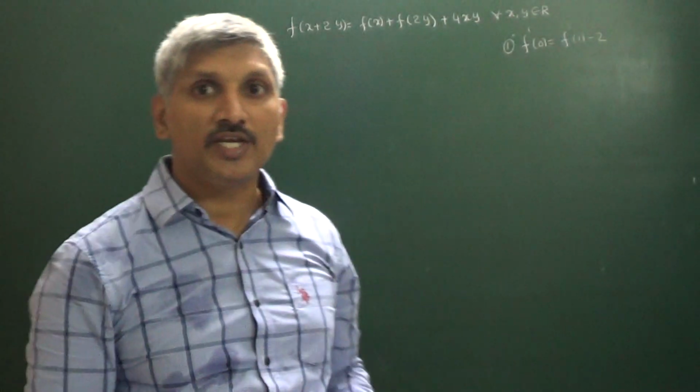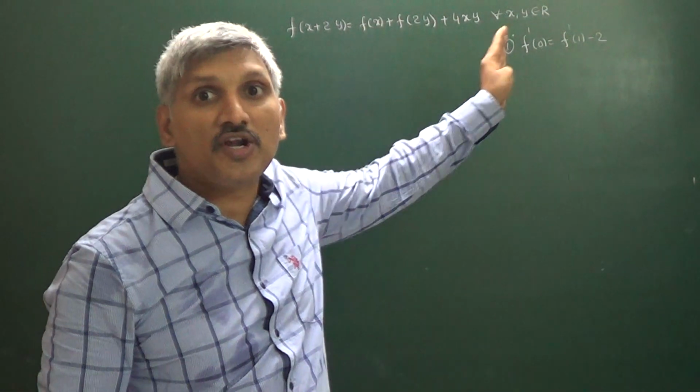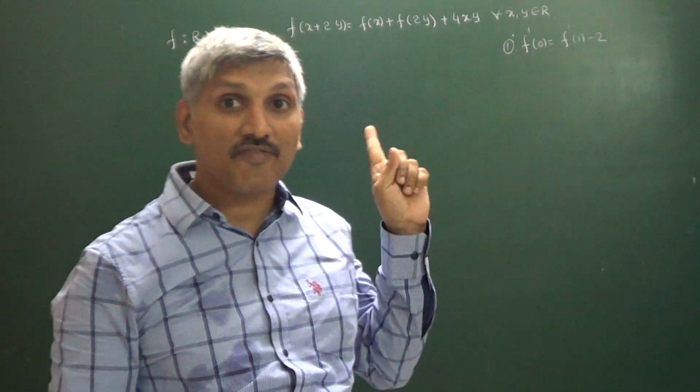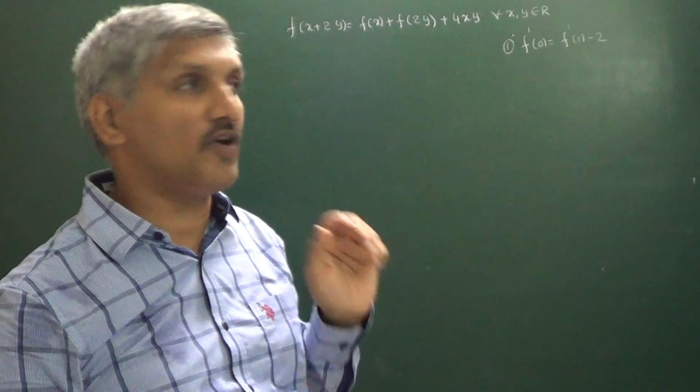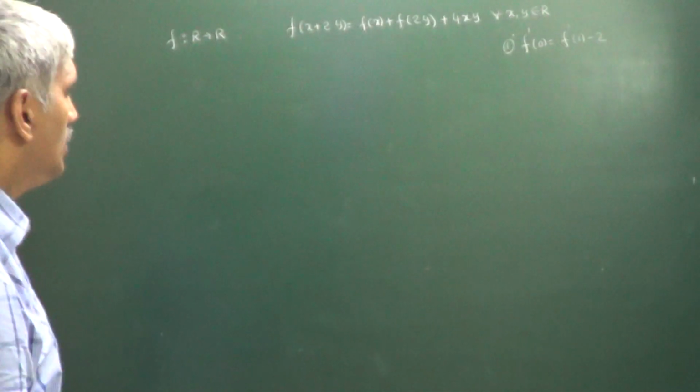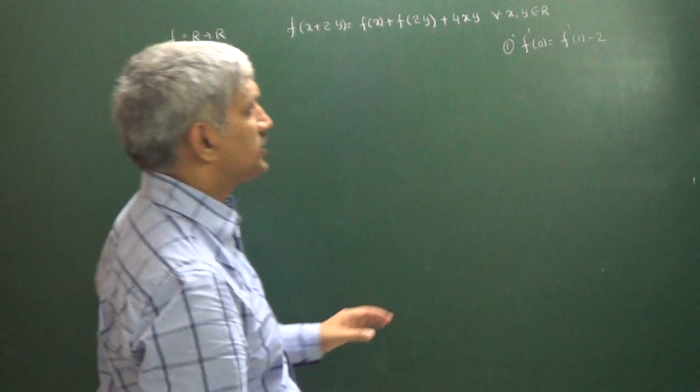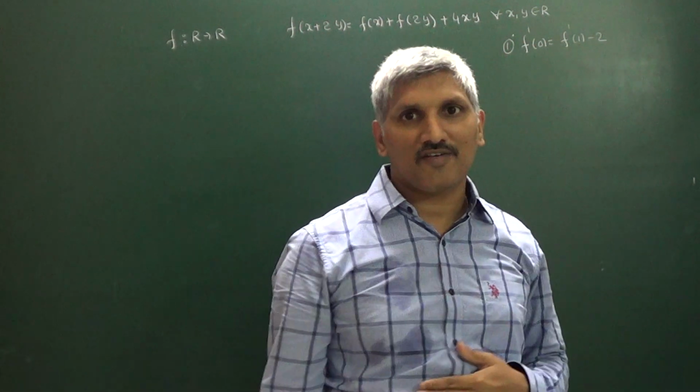All the options give a relationship between f dash of 0 and f dash of 1. So we require a relationship between f dash of 0 and f dash of 1.